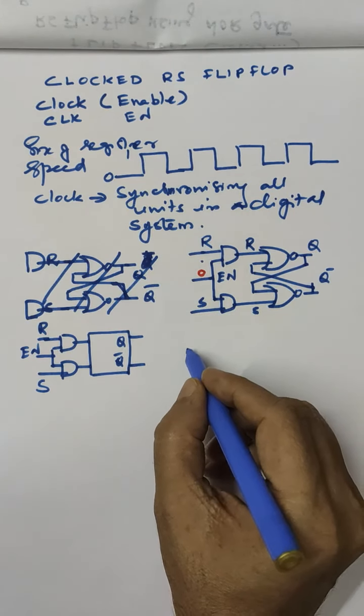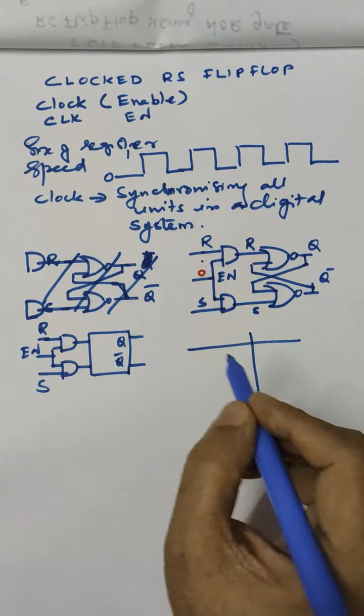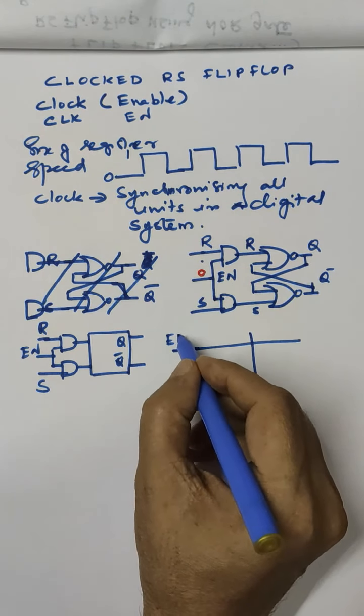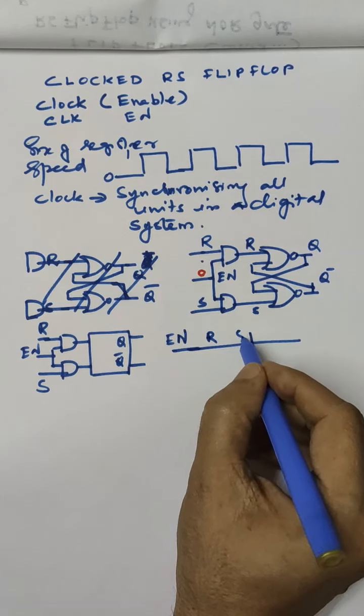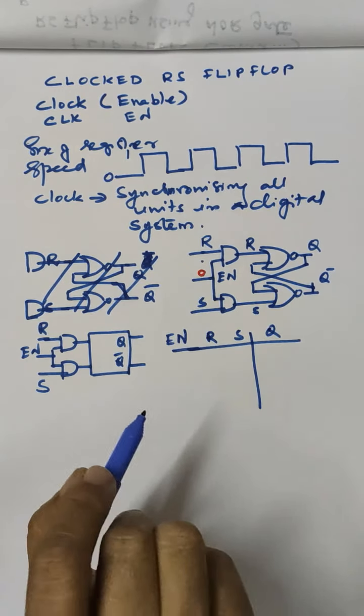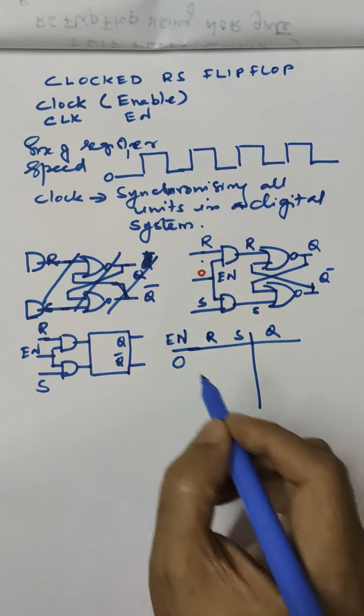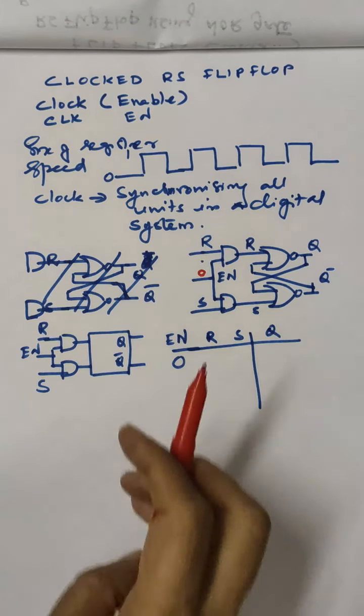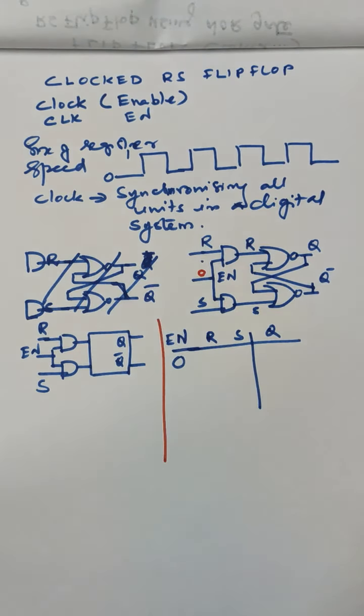You can draw the truth table. Now we have to draw three inputs: enable, R and S. So when enable is equal to 0, whatever be the input R and S, if it is 1 or 0, that doesn't make any difference.